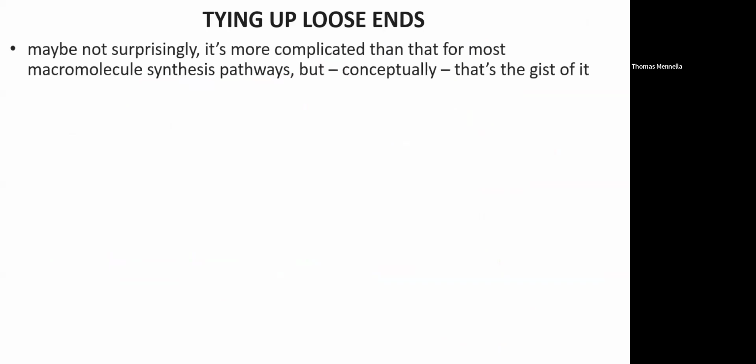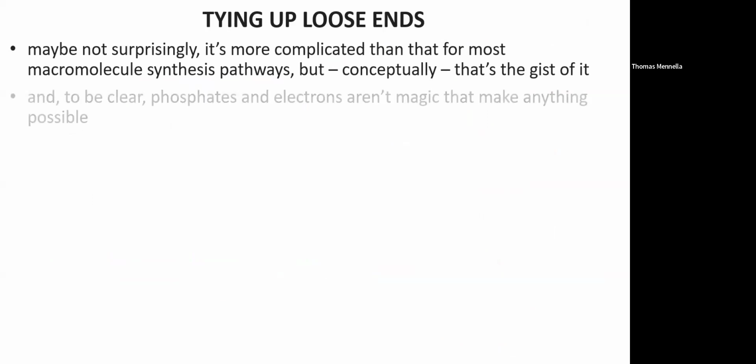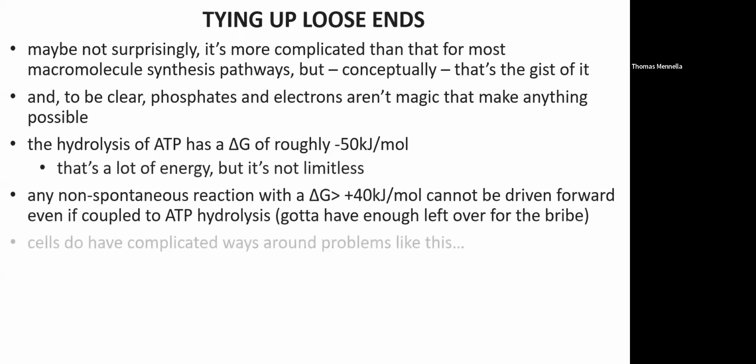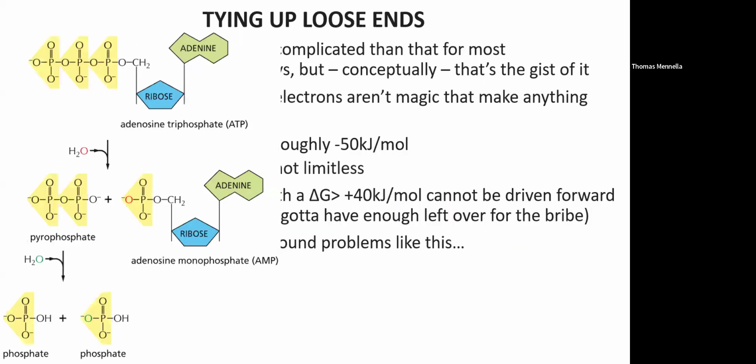So let's tie up some loose ends here. Maybe it's not surprising, it's more complicated than that for many macromolecule synthesis pathways. A lot of times we have to do multiple steps of activation, such as this. So many times we have to cleave two phosphates off of the triphosphate individually.